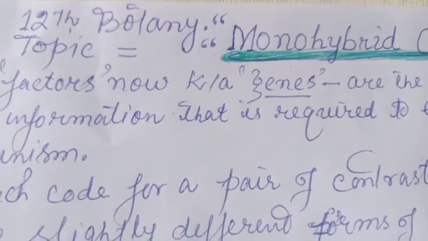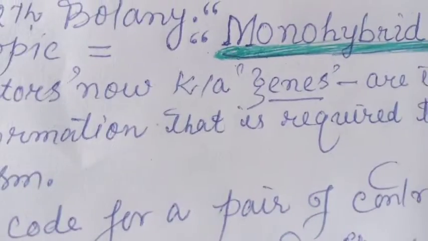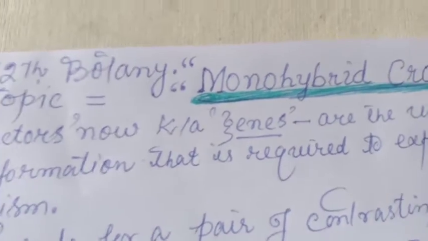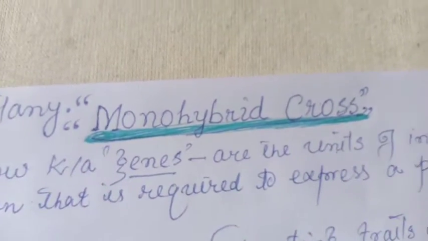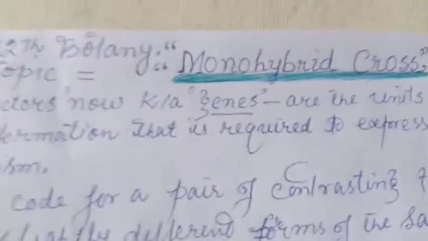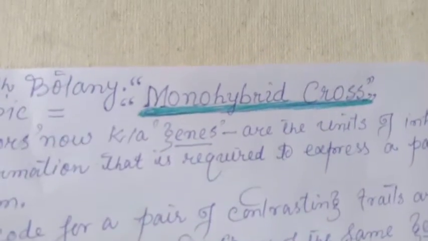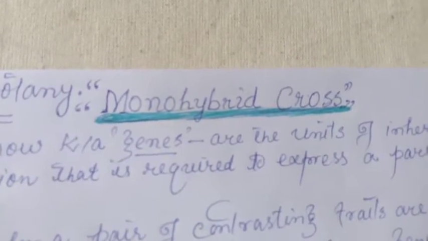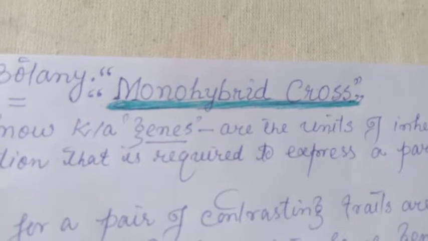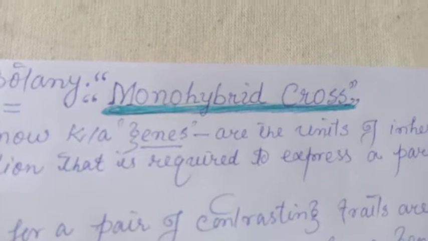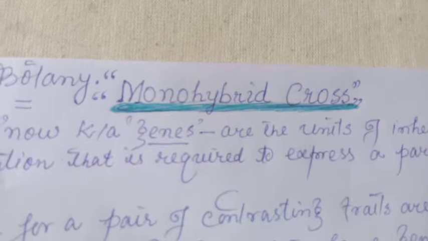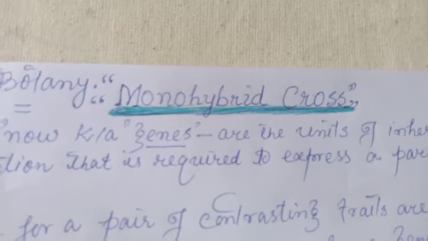My dear 12th class students, today in your botany we are going to take up the monohybrid cross as carried out by Mendel. Previously we discussed the seven pairs of contrasting traits in pea plant that were studied by Mendel.